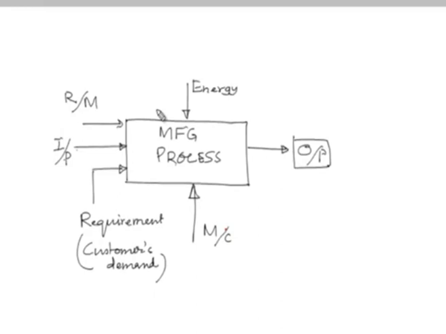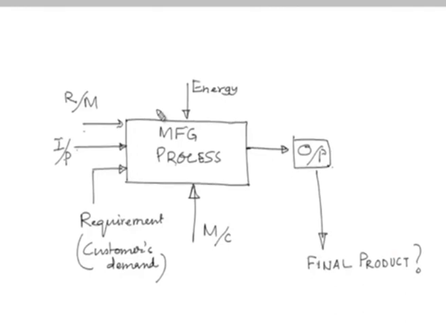But now the question is, whatever raw material is converted into output, will it be the final output or the final product or not? Is it a final product, or does it represent the final product? The answer is: not necessarily.